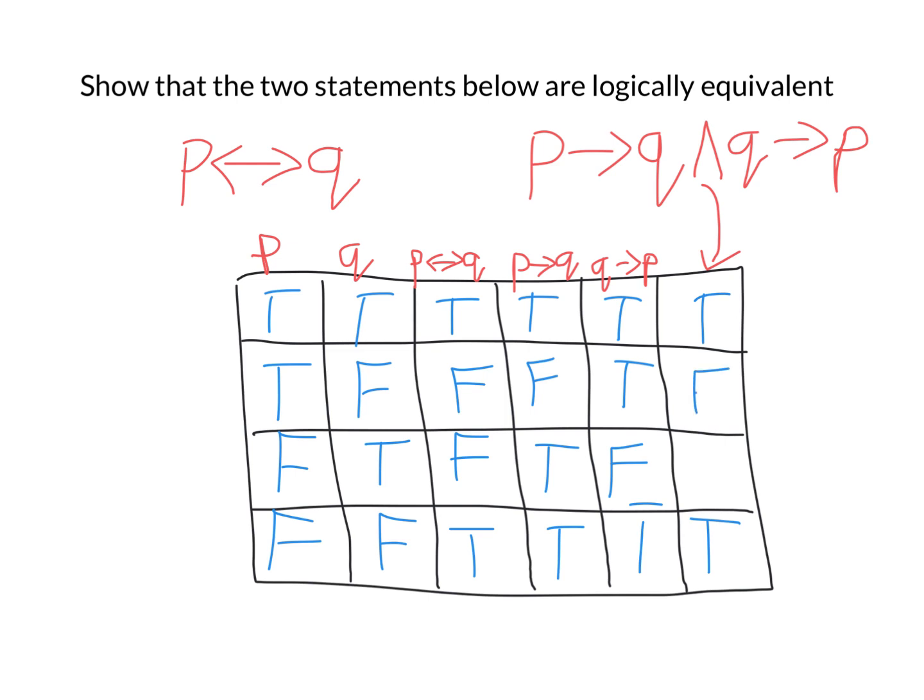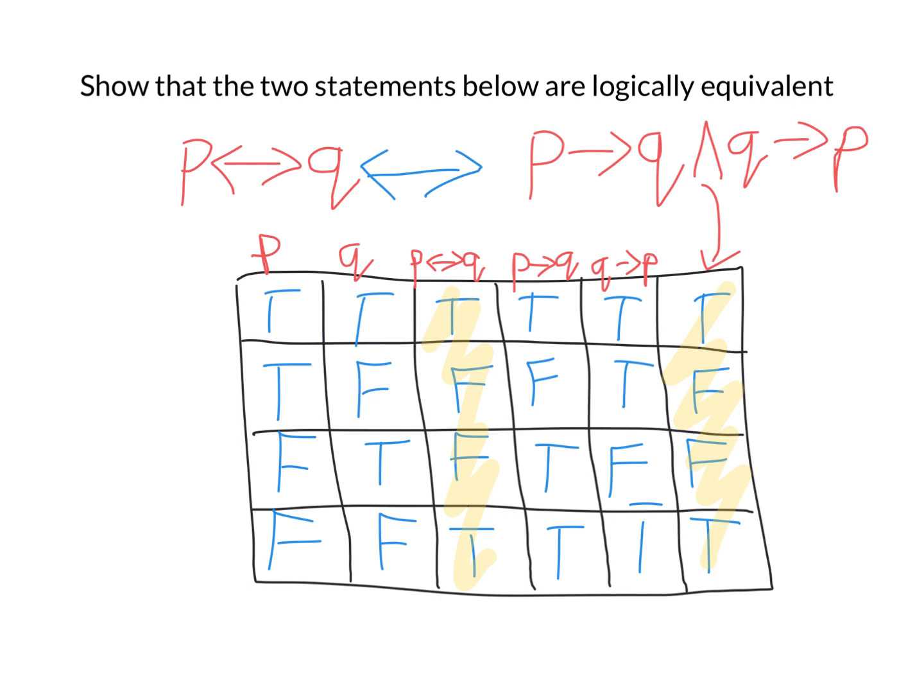So here we have finished our truth table. How can I show that this and this are logically equivalent? It's because they have the same truth values. Notice that this column here and this column here are exactly the same for the different truth values of P and Q. So that means they are logically equivalent. This statement here and this statement here are logically equivalent, and we're going to use this symbol here.